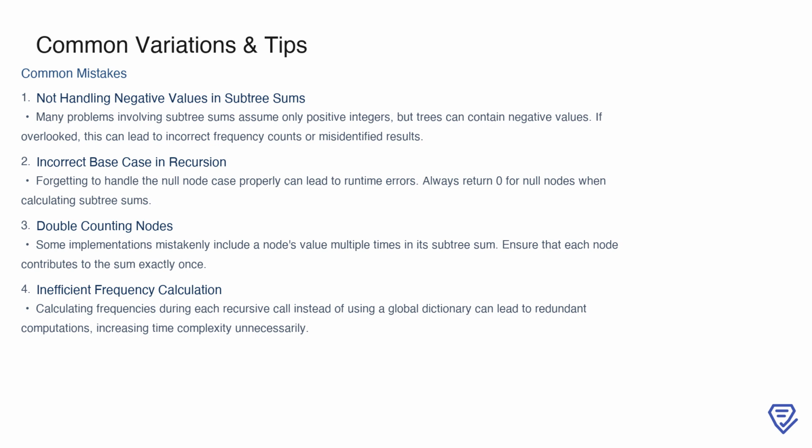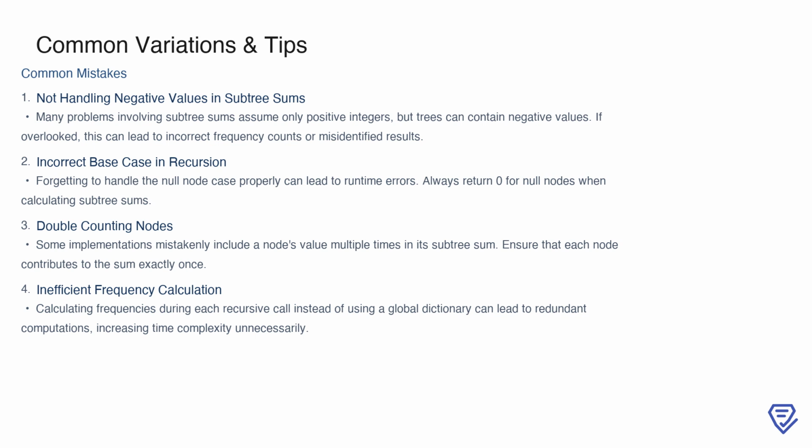Forgetting to handle null nodes properly can result in runtime errors, so always return 0 for null nodes when calculating subtree sums. Another frequent issue is double counting nodes. This happens when a node's value is mistakenly added multiple times to its subtree sum. To avoid this, ensure each node contributes to the sum exactly once.